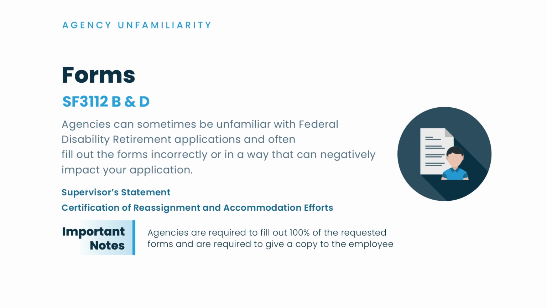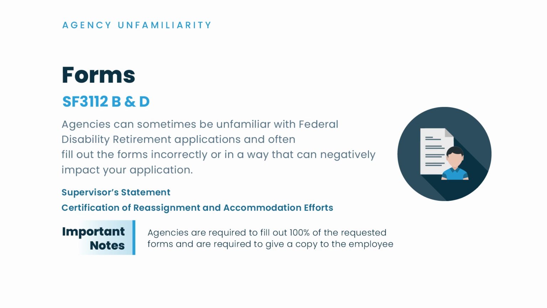Exactly. And another thing I've noticed is sometimes supervisors think they're being helpful by saying, yes, you're a good employee and we like you, you're doing a great job, and maybe they don't want to say that you're having issues. And that can actually create a negative form. We want the form to reflect that maybe you are struggling a bit at work. Same with the 3112D. Maybe they think they're being helpful by saying, yes, I think we can potentially supply you with accommodation.